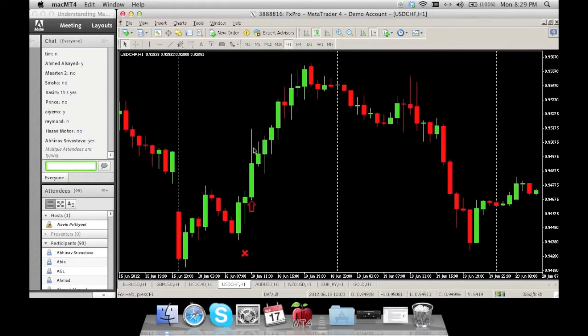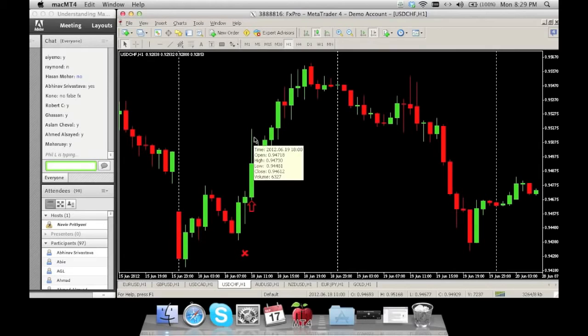Let's say this particular candle closed, and we are here. We had a higher low, higher low, and a higher high, and a higher high. We can clearly see the market is in an uptrend. So we have a trend.